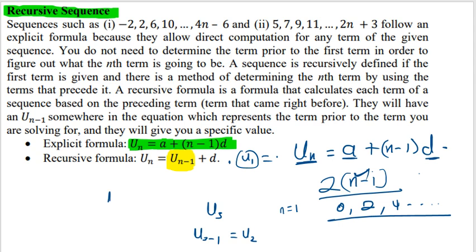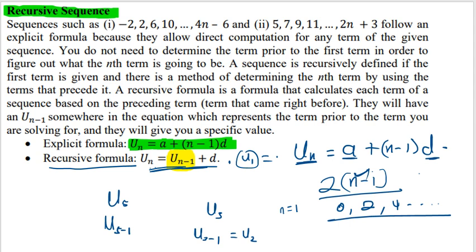If I want to find the fifth term, u5, I must know the fourth term. So anytime a sequence is defined in such a way that you can find the next term by knowing the preceding term, then that formula is called a recursive formula.